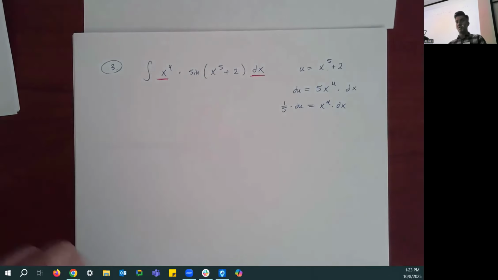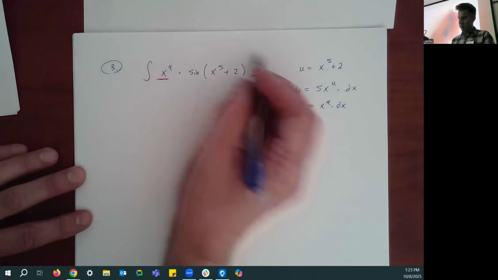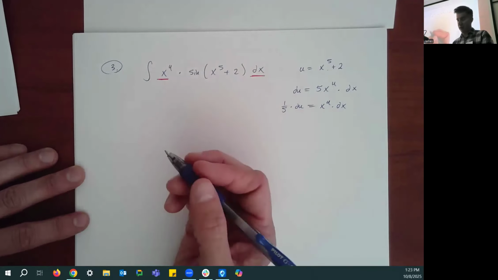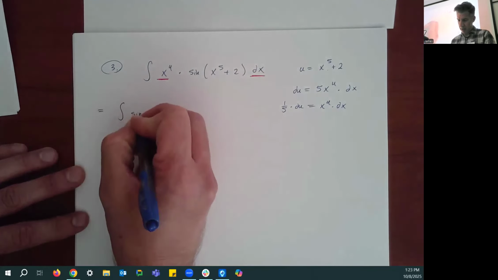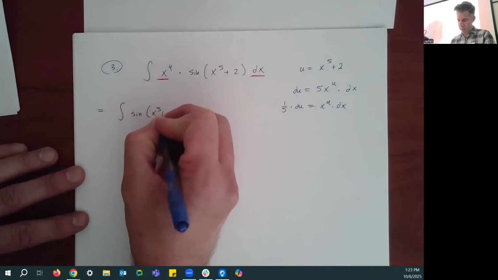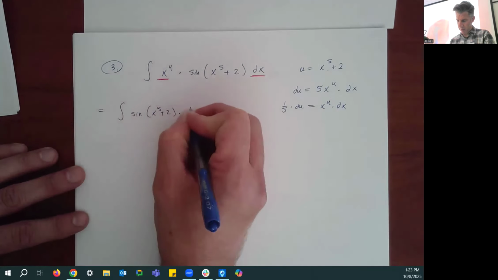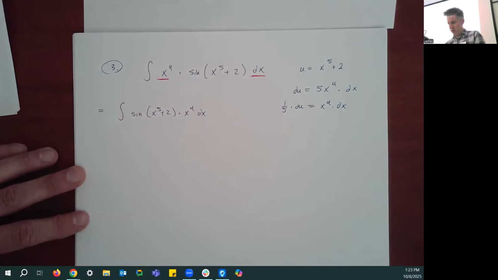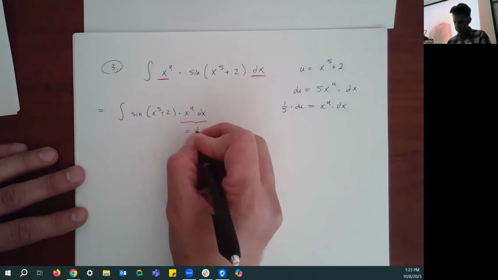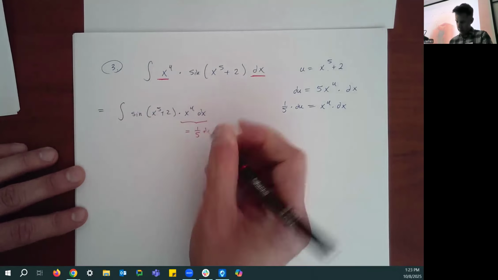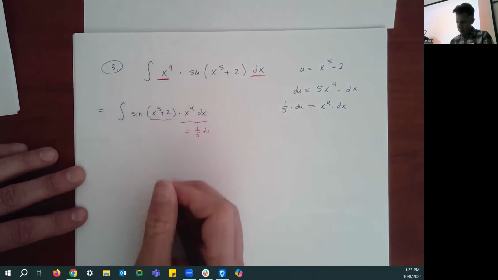You don't need to, but I often think it's convenient to rewrite this so that things are next to each other. Again, not at all necessary, but if you really want to, you can rewrite this as sine of (x to the fifth plus 2) times x to the fourth dx. And then say, okay, great. This x to the fourth dx is our 1/5 times du, and this x to the fifth plus 2 is our u.